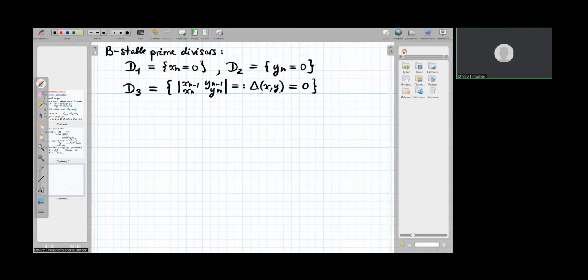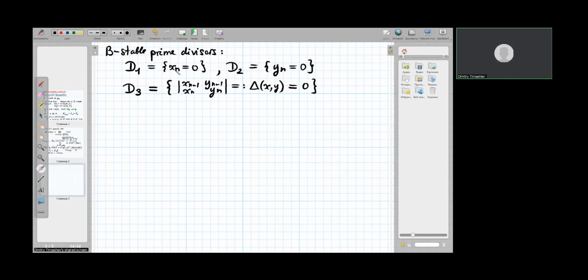Clearly, this delta is a b-semi-invariant, irreducible homogeneous polynomial in coordinates x1, ..., xn and y1, ..., yn. And therefore, it defines a b-stable prime divisor on the product of two copies of P^(n-1). So these are b-stable prime divisors on X, and the defining equations are given by sections of the corresponding line bundles.